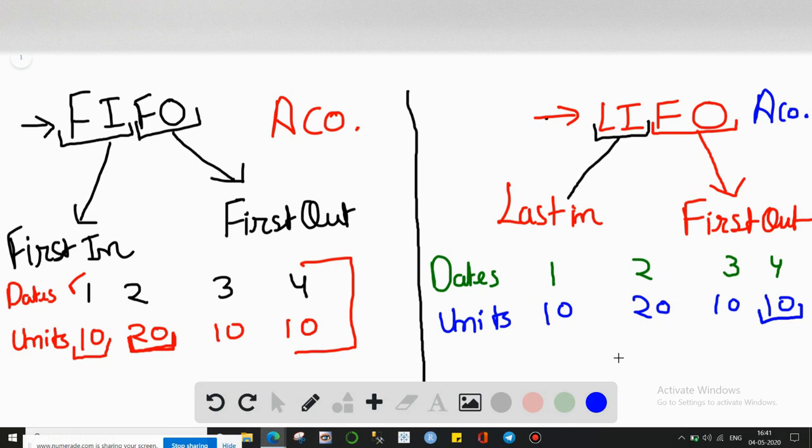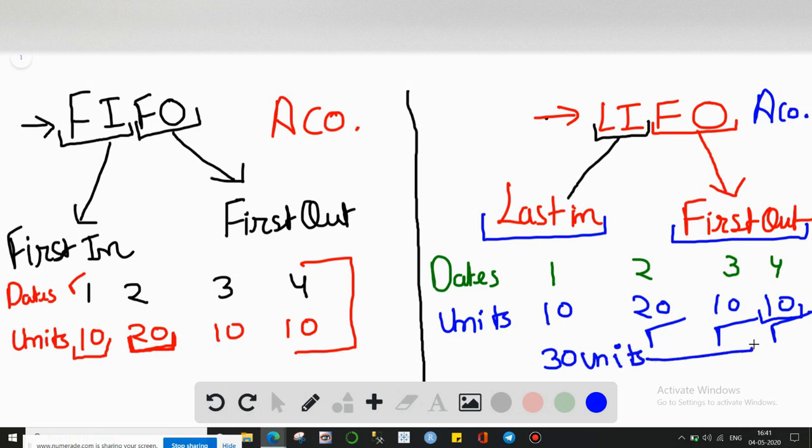Now what happens, how will those 30 units be allocated? As I said, last in, first out, and here was first in, first out. So the last in means 10 units from date 4, 10 units from date 3, and 10 units from date 2, because we want to sell 30 units.